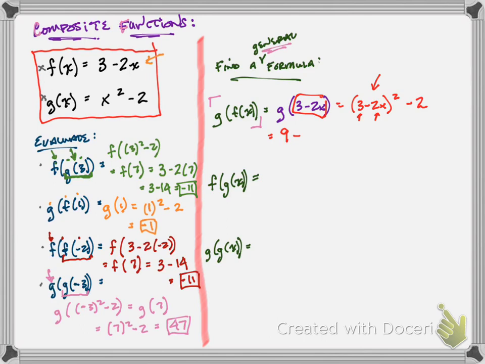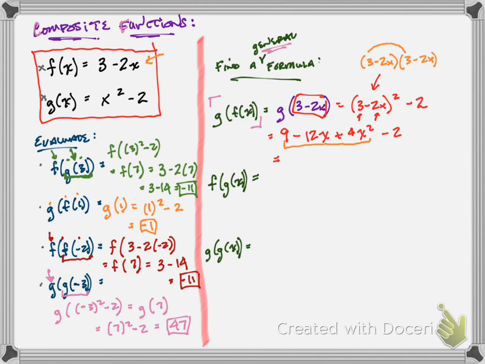And minus 2 times 3 is minus 6, times 2 is minus 12x. And then you add to that the square of the second, so that's going to be plus 4x squared, minus 2. Again, I got this piece by foiling 3 minus 2x times the quantity 3 minus 2x.